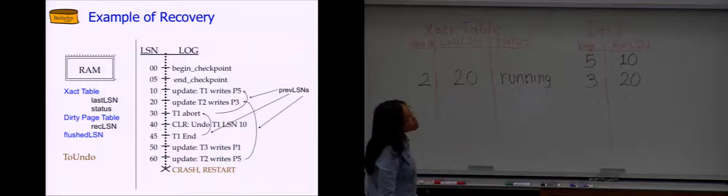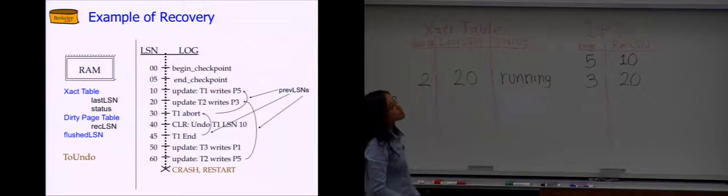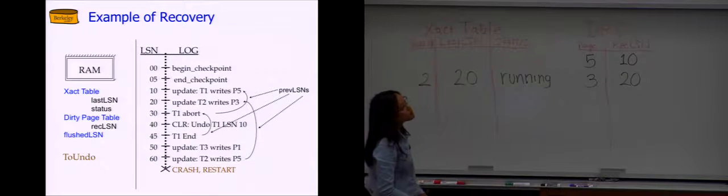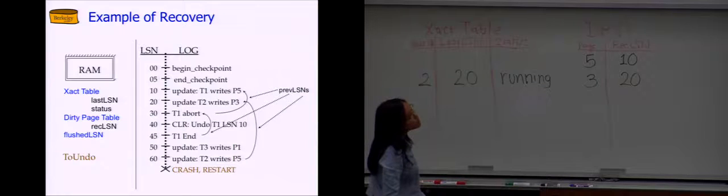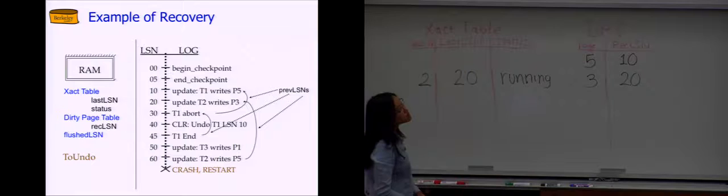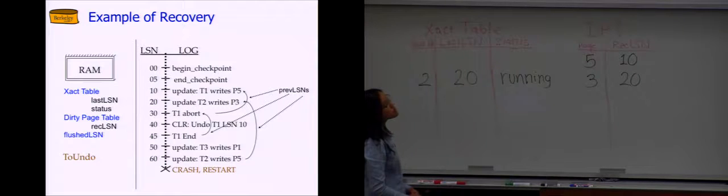The prev LSN of 45 should be 40. Actually, it's not a bug. 40 has an undo next LSN, which is null, because CLRs have an undo next LSN, but there's nothing left to undo. T1's prev LSN should be 30, right? It's the last real log record for T1. It's not a CLR.